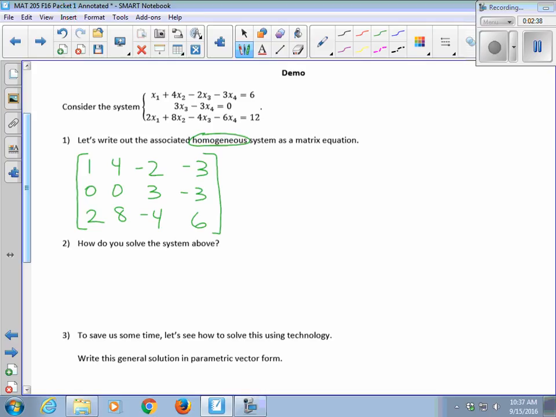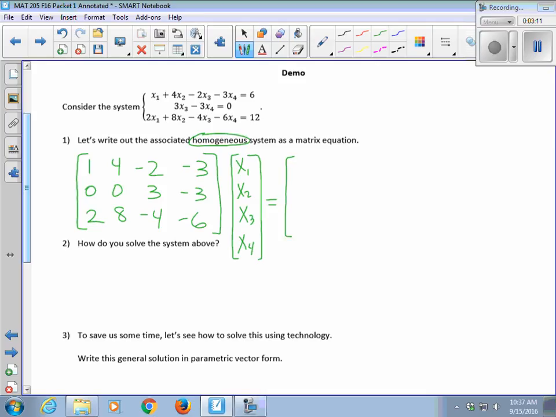Next, I have a vector of unknowns. My vector of unknowns should be x1, x2, x3, x4. And that should equal your vector of the right-hand side of the equation. And since we're dealing with the associated homogeneous system, that should be zeros.